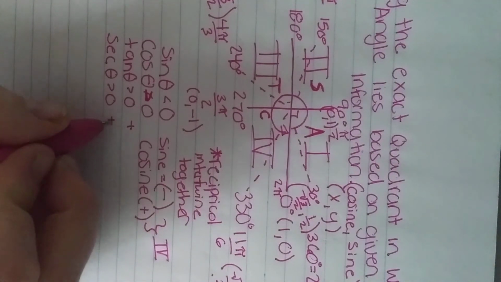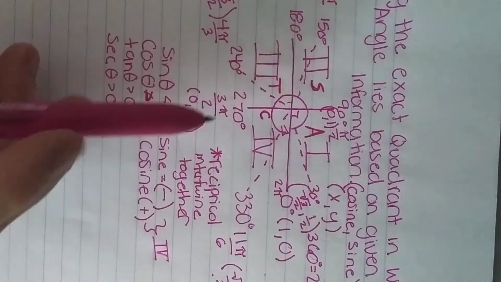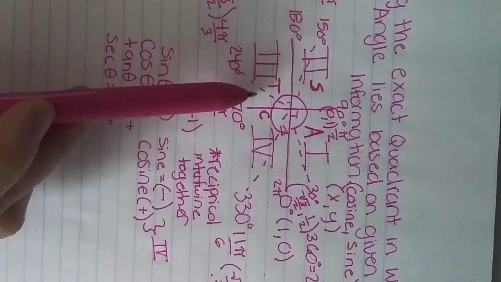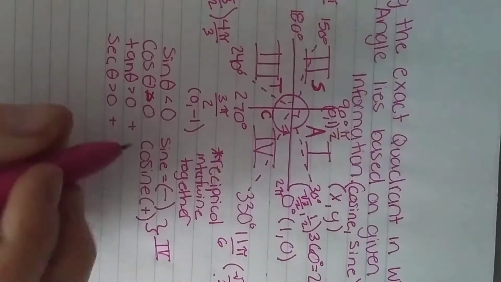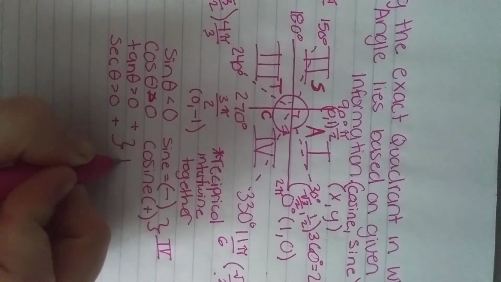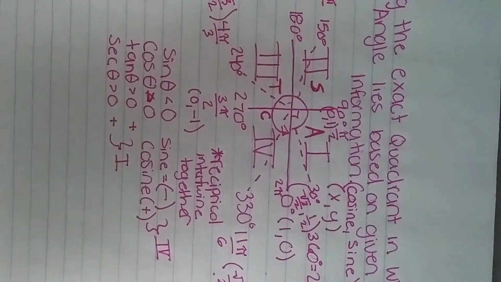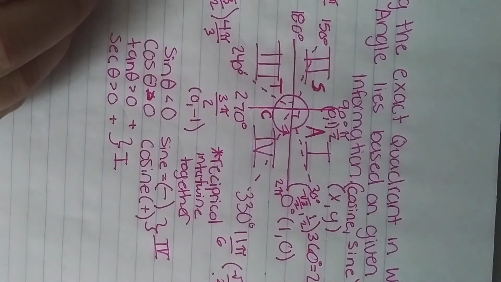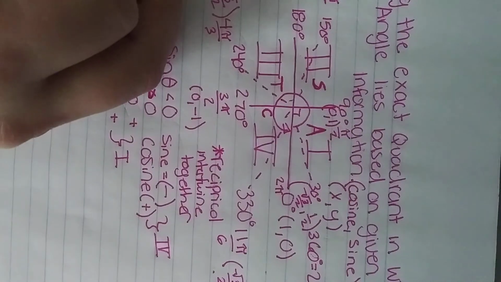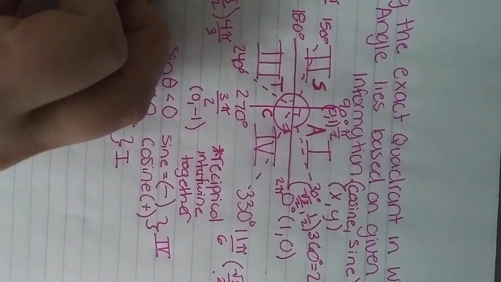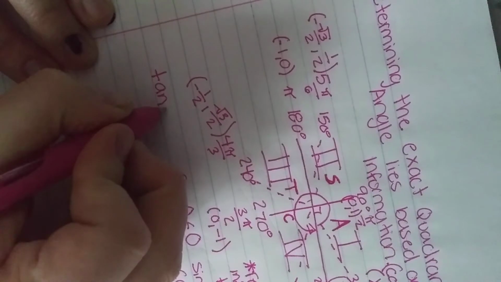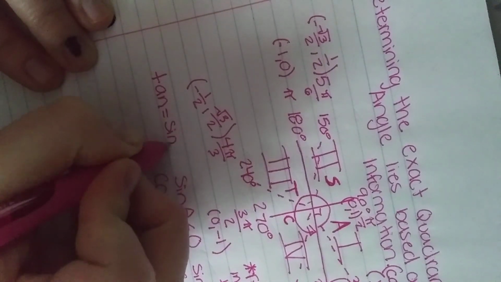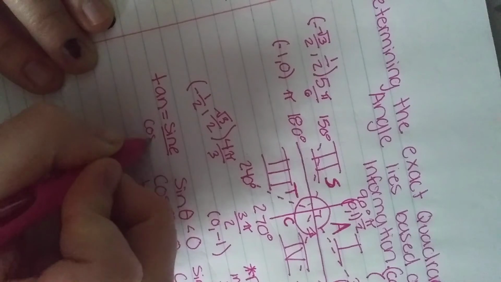So if that's positive and tangent is positive, the only place on here that has all positives is going to be in quadrant 1. So this is actually quadrant 1. And if you want to find out tangent, you actually just do sine over cosine.